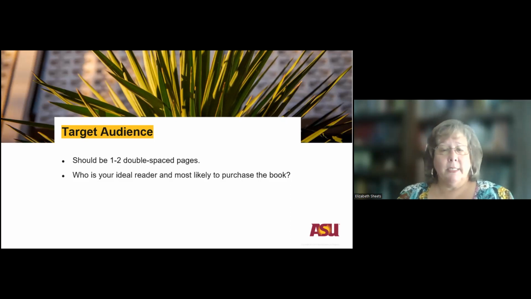But in other cases, we're writing for the general public, or we're writing for colleagues or other researchers in our field. And so you need to think about who those people are and then provide really meaningful insights into who they are and what their desires are and how your book will be attractive to them.